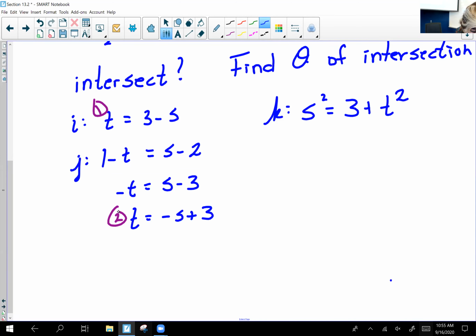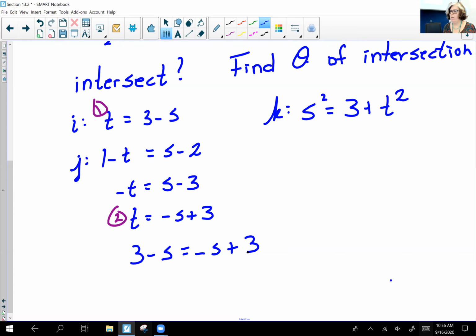Okay, so we then have 3 minus s equals negative s plus 3. All right, so when we do this, wait a minute, that's just going to be 3 equals 3, isn't it?